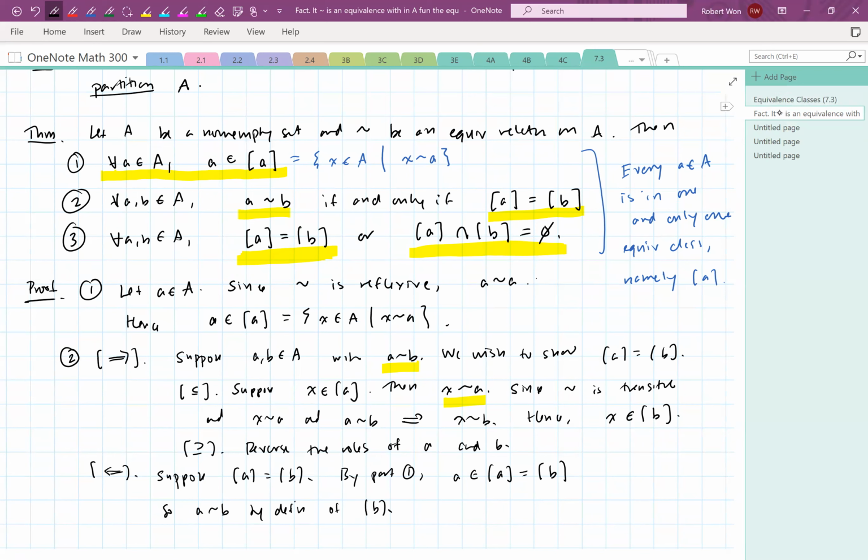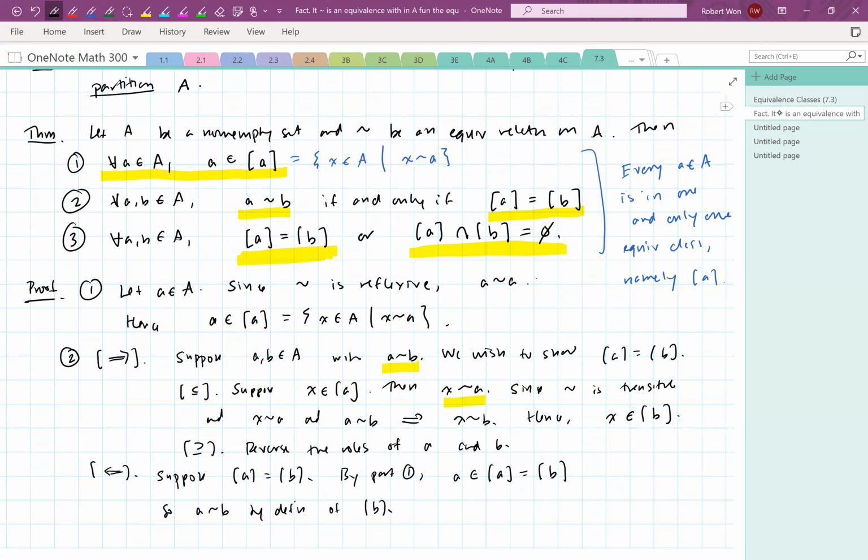So suppose now that the equivalence class of A intersect the equivalence class of B is not the empty set. I need to show that in this case, the equivalence class of A is equal to the equivalence class of B. Well, then there exists some element C in A such that C is in the intersection.